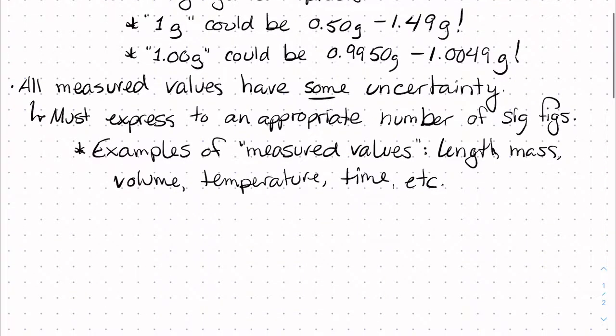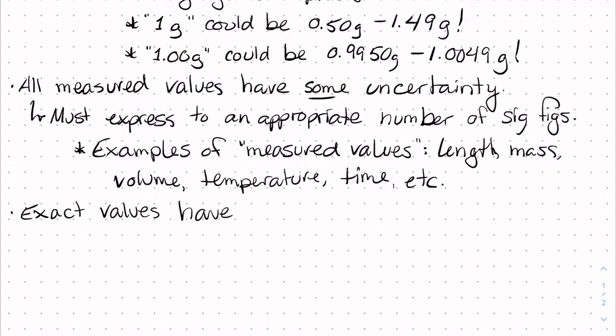But not all quantities are measured, and that's also important to recognize because we treat those numbers differently. Some numbers are actually exact. Exact values have no uncertainty and are therefore treated as having infinite sig figs.